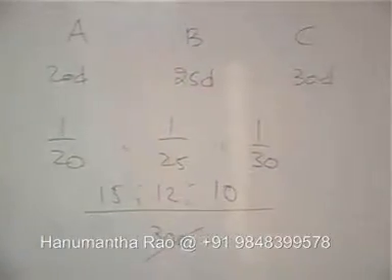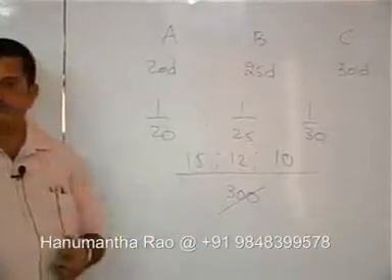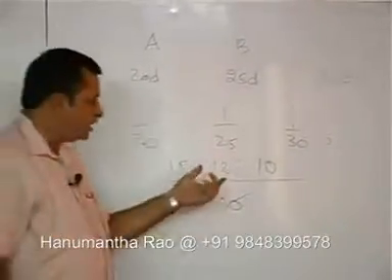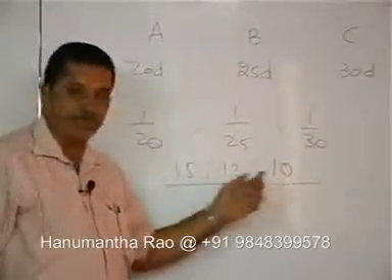So A should get 15 shares, B should get 12 shares, C should get 10 shares.